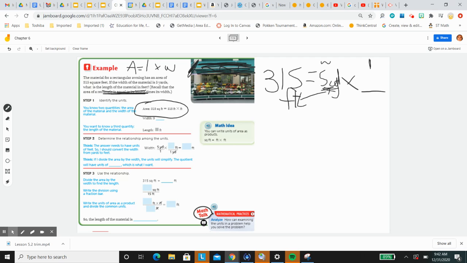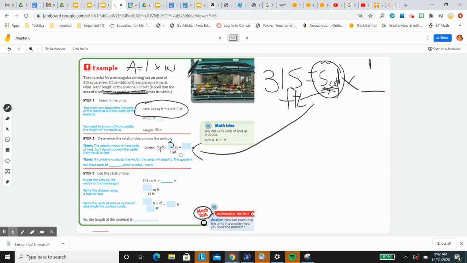So first of all, I need to take this 5 right here, and I'm going to come down to step 2, and convert it to feet. I have 5 yards times, how many feet are in a yard? I believe there's 3 feet in a yard. Remember that?